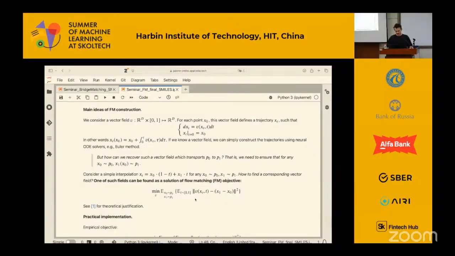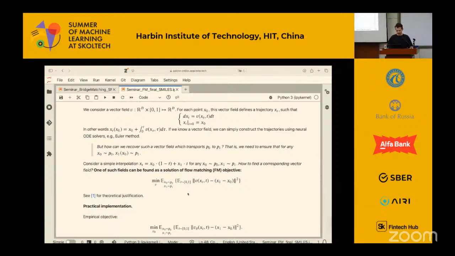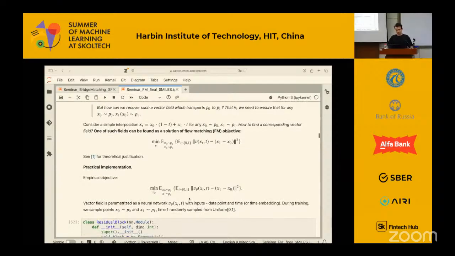This is a beautiful thing about flow matching: despite the generative model being relatively complex, at the end you just solve a regression problem, regressing your vector field on the difference between random points sampled from distributions P0 and P1. And you recover a vector field that translates from P0 to P1. In practice, we implement this vector field as a neural network and perform the usual deep learning procedure to optimize it to fit the regression problem.